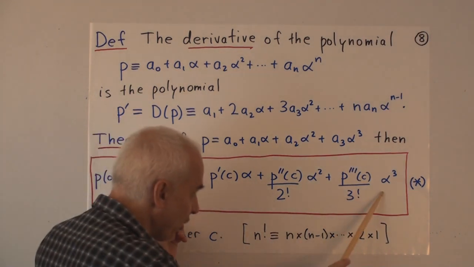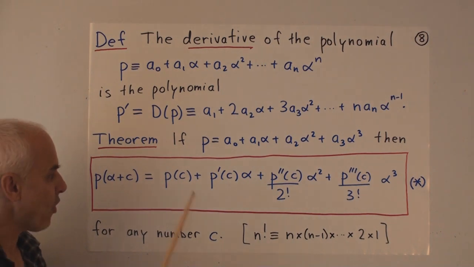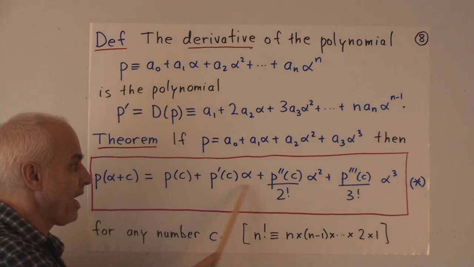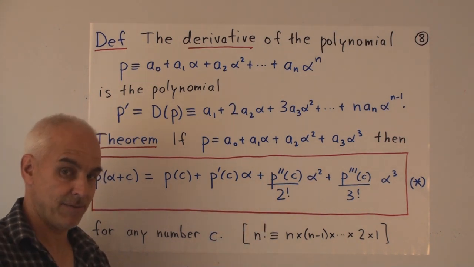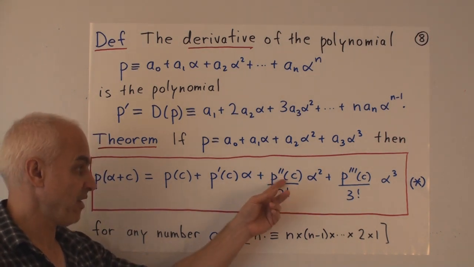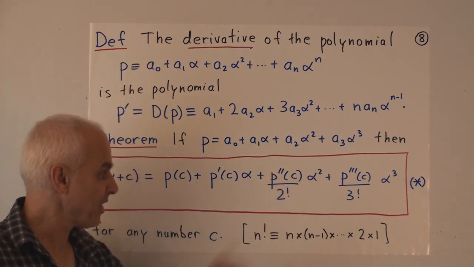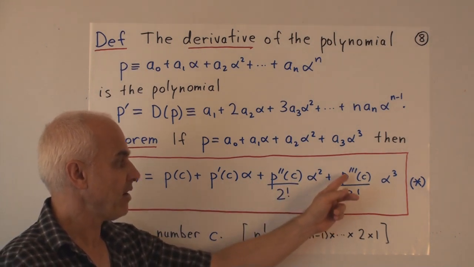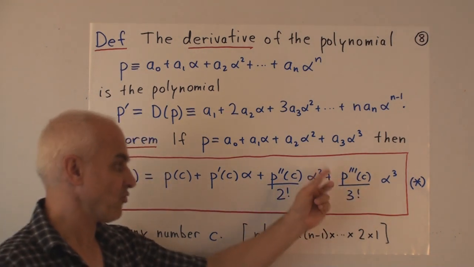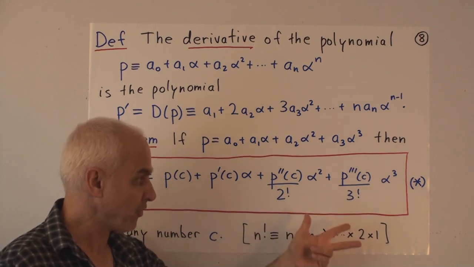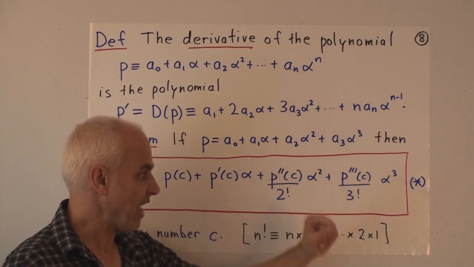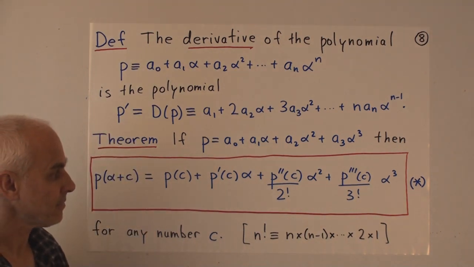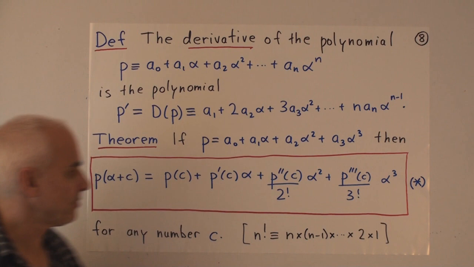Now what we got is a new polynomial whose coefficients were p of c, p prime of c, p double prime of c, which means the derivative of the derivative, divided by 2 factorial times alpha squared, plus p triple prime of c, which means the derivative of the derivative of the derivative, evaluated at c, divided by 3 factorial times alpha cubed.